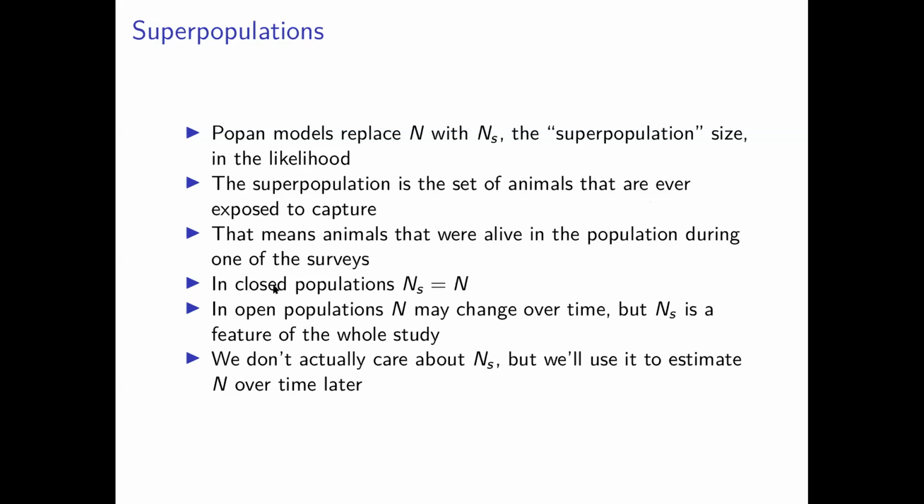So for closed populations, the superpopulation size is just the population size because it's constant over the study. But in open populations, the population size could change, but the superpopulation size is a feature of the whole study. So it's just one number. We don't actually care about the superpopulation size, but we're going to use it to estimate the population size over time after we fit the model.